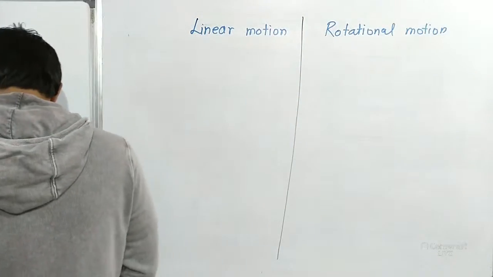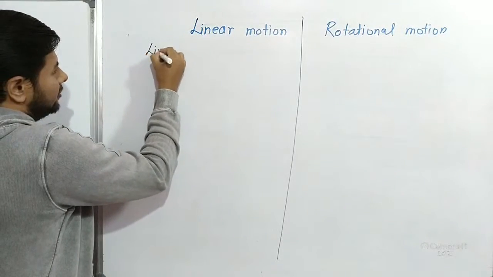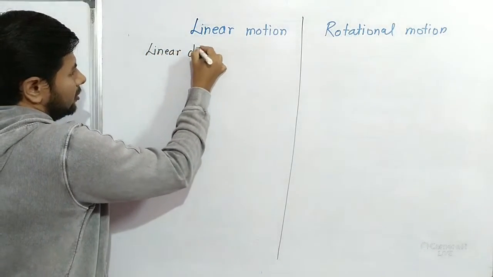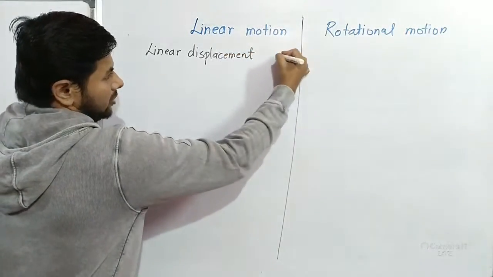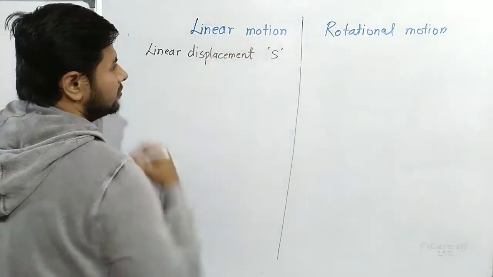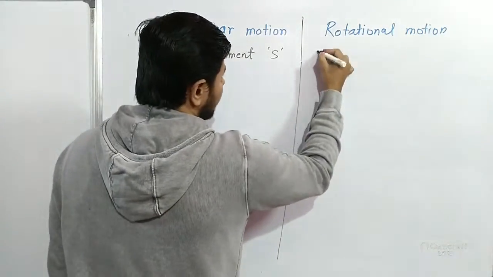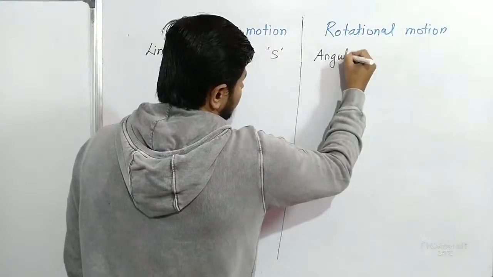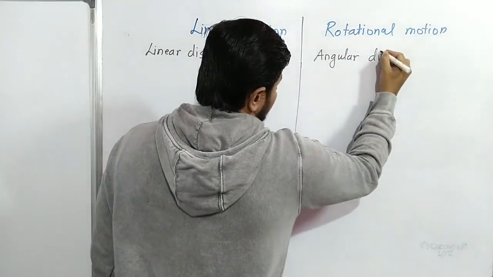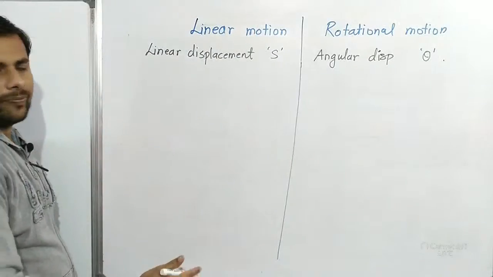So let's write the linear displacement. It is denoted by S. And what is its rotational analog? The rotational analog is angular displacement, theta.